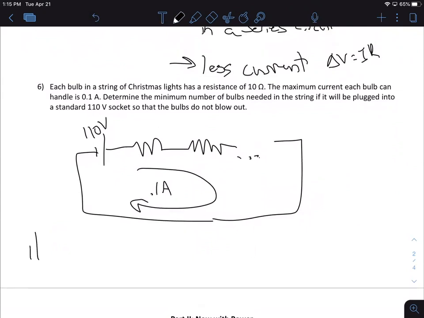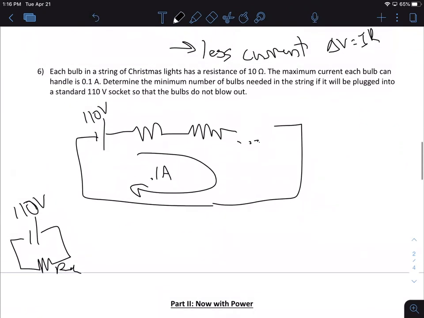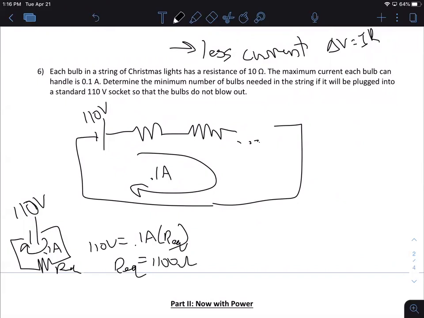I can pretend I have an equivalent resistance, and that would have to be 110 volts equals 0.1 amps times equivalent. I get the equivalent has to be 1,100 ohms.